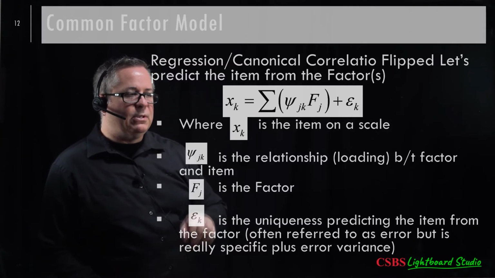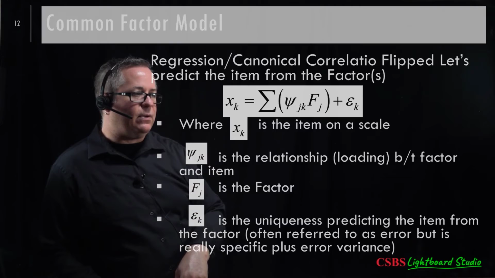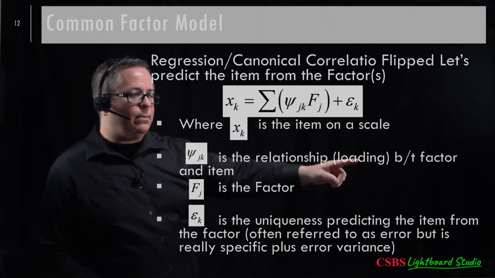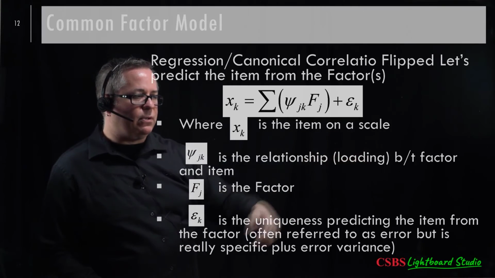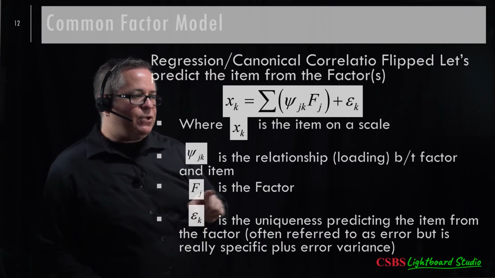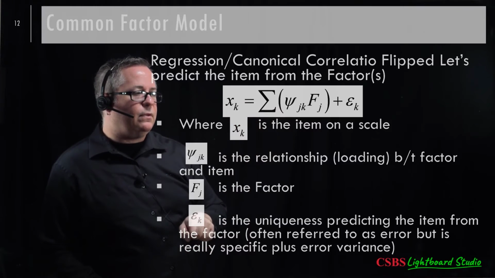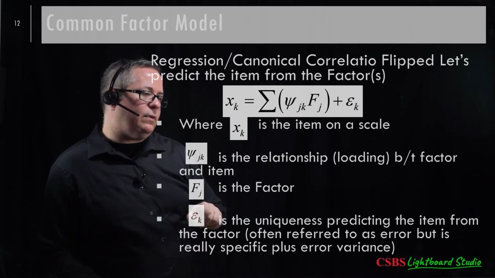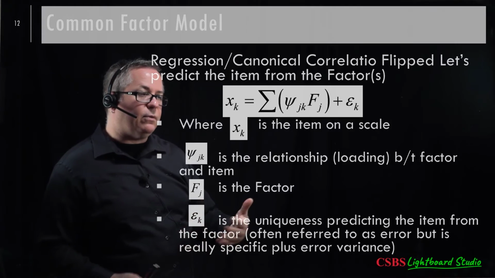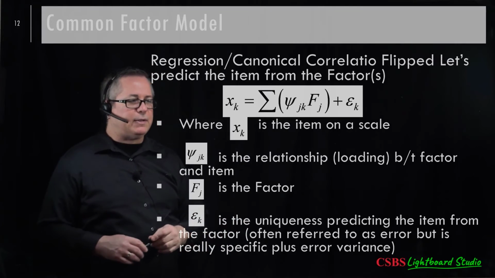Okay? So this psi thing represents the relationship between the factor and the item. I have loading here, but it really should be weight or coefficient to be technical. Fj is some factor, something like depression, that we think predicts this item. And then this error value here is the uniqueness, the part of the item that isn't related to the factor.